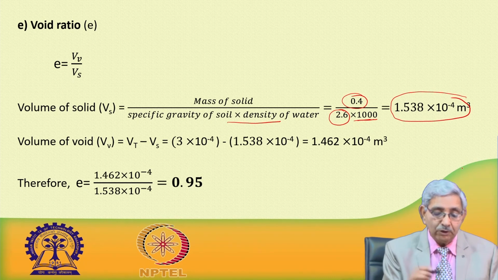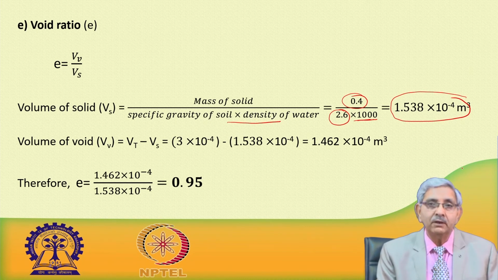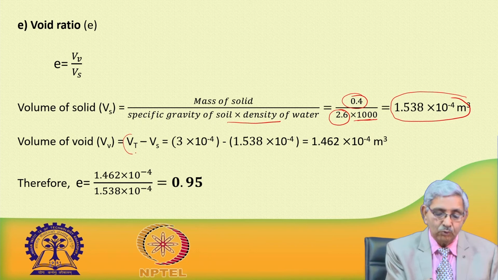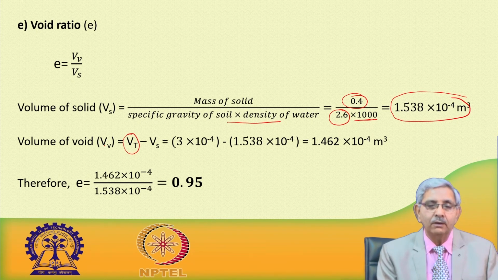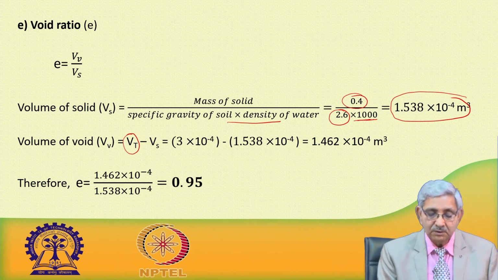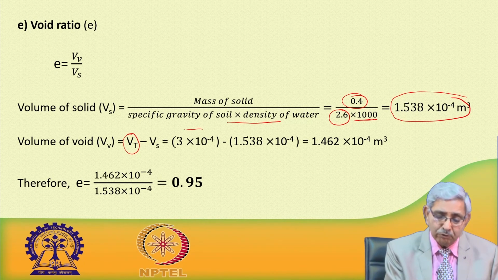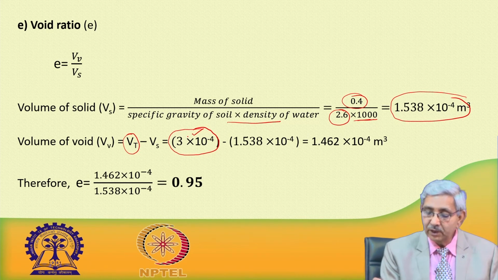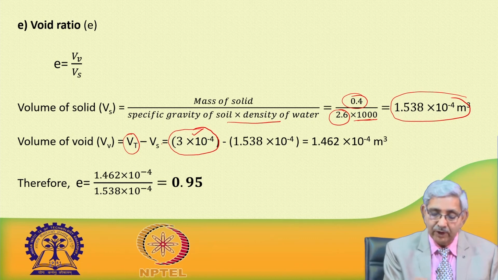Now, volume of void can be computed by subtracting from the total volume of the soil. Total volume of the soil is nothing but the volume of core sampler, which is given in the question, and we have computed the volume of solid.